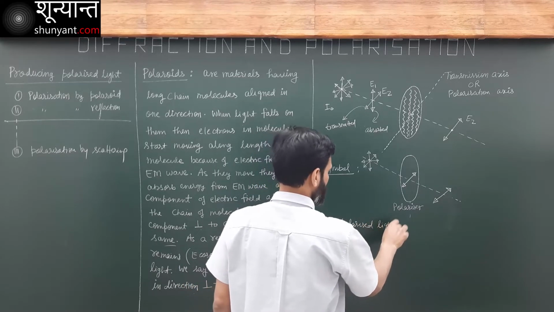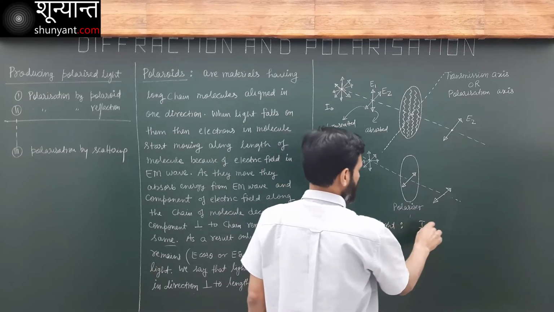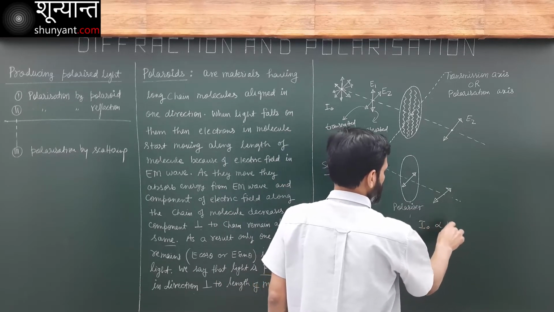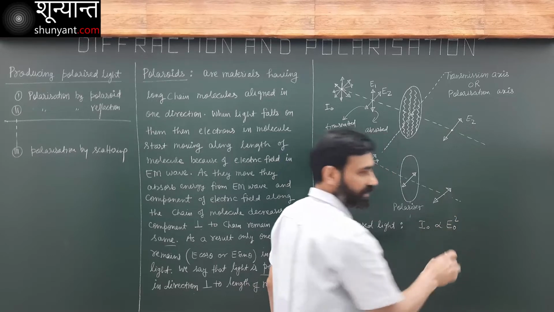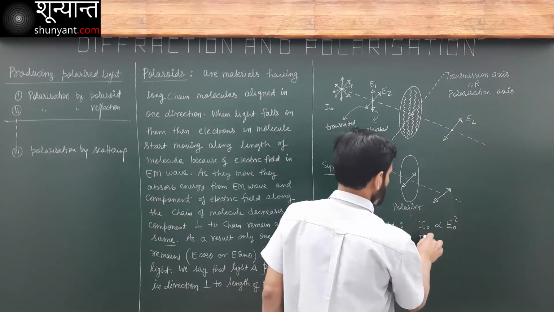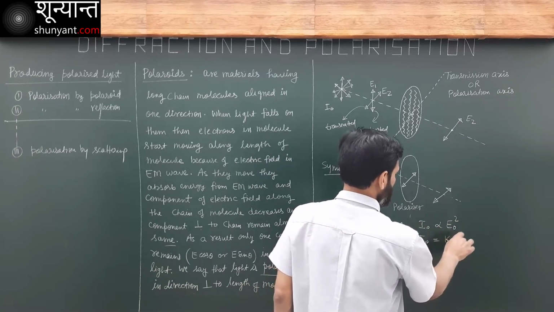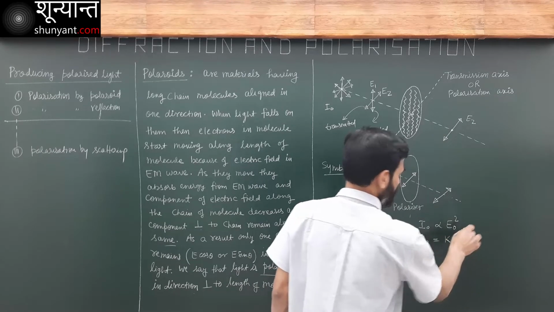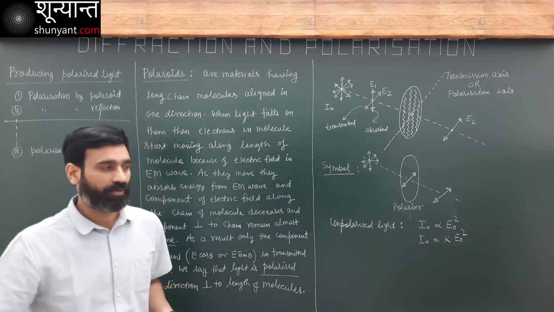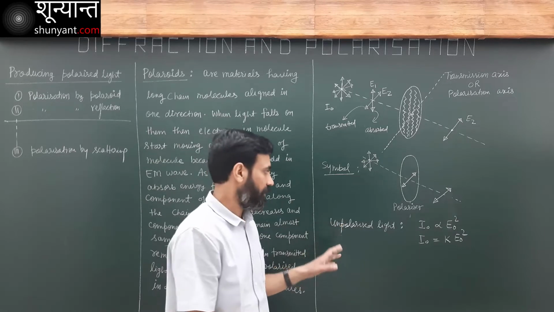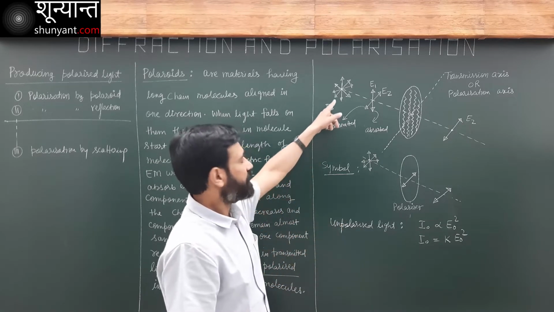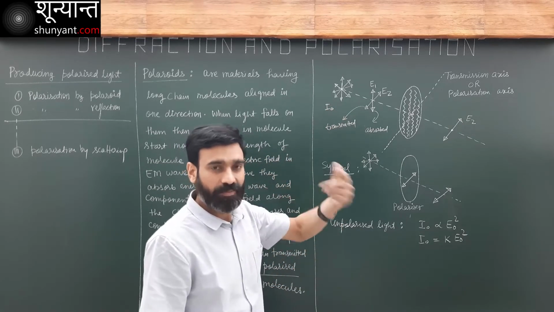Unpolarized light. Intensity I naught is proportional to E naught square, the amplitude square. I can write it like this: I naught is equal to some constant k times E naught square. Now, in this unpolarized light, the electric field vector keeps on changing.